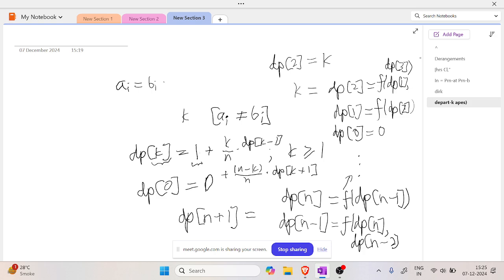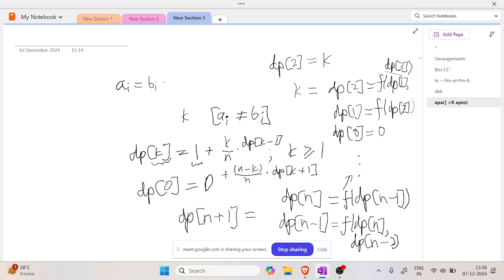And we also know dp of 1, so it's 1 plus a times like whatever, like 2 by n times dp of 1 plus n minus 2 by n times dp of 3. So basically, you can find out dp of 3 in terms of k from this, and then you can find out dp of 4 in terms of k, and so on until you can also find out dp of n in terms of this.